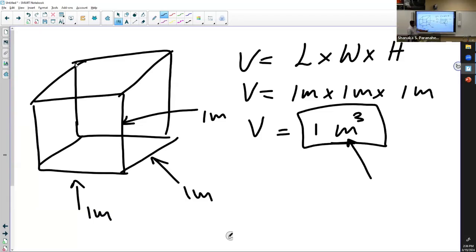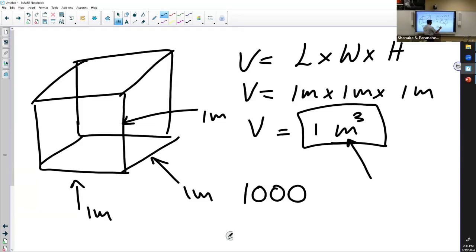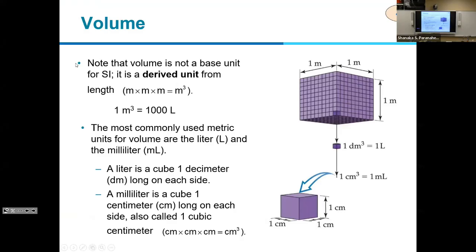If we relate cubic meters to liters, let's say this is a tank that is 1 meter by 1 meter by 1 meter. This tank holds exactly 1000 liters. So 1000 liters is equal to 1 cubic meter. That's the relationship between liters and cubic meters. You do not need to remember that. Again, you can see this cube is divided into 10.